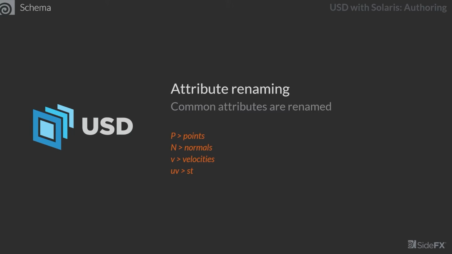P from Houdini will get transferred into the points attribute in USD, N gets transferred to normals, V gets transferred to velocities, and UV is mapped to ST. These are some recognizable examples when you're working in Houdini, but there will obviously be the same things if you're working in another software.